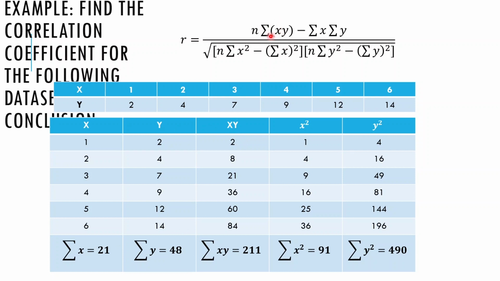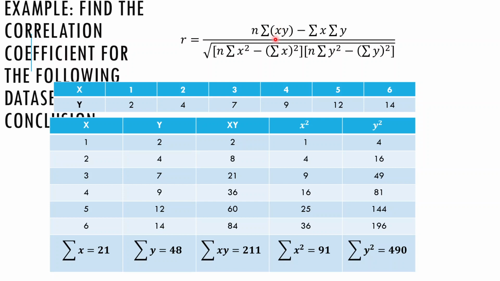And because you multiply x and y, you need to multiply column x and column y, and you label it xy. So you multiply the two: 4 times 1, 4 times 2, 7 times 3 is 21, and so on.